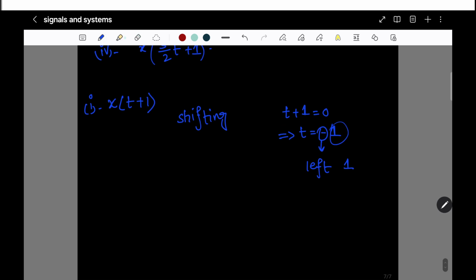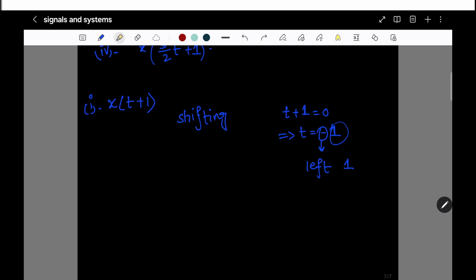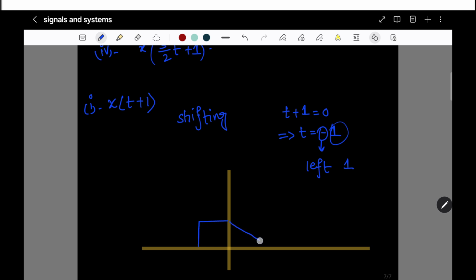So let's draw the shifted version, which simply means that the point which was at 0 is now shifted to minus 1, and the point which was at 1 is now shifted to 0. So we have this signal.